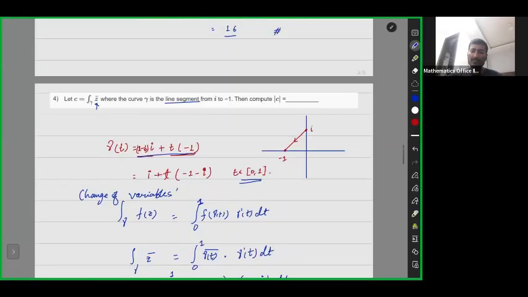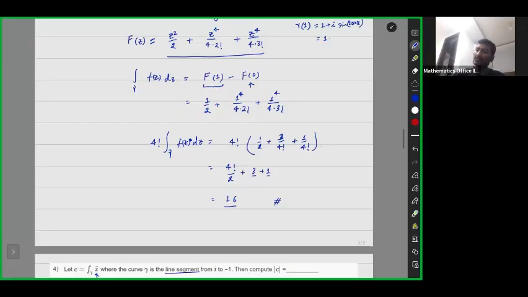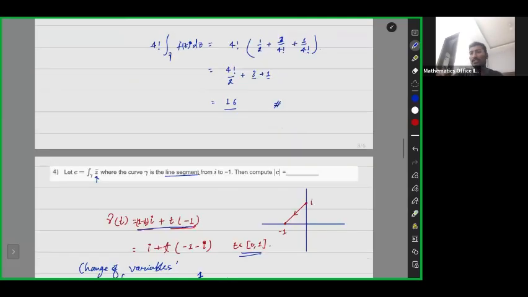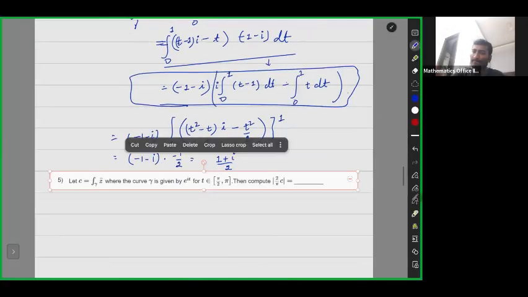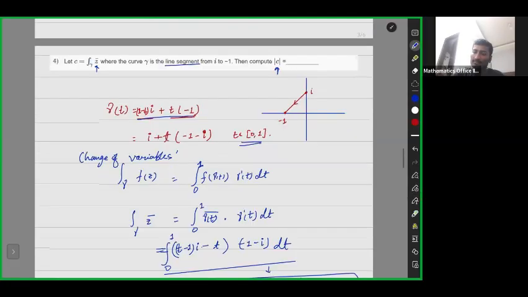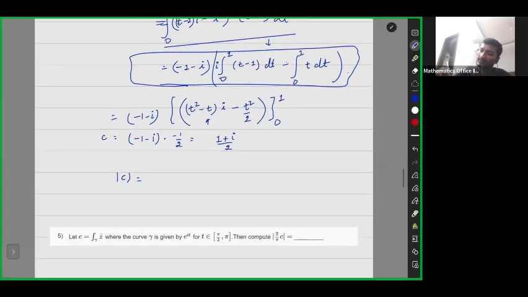Now, what can we say about modulus of C? This is our question, modulus of this integral. We get this complex number. This is our C integral. Mod of C is equal to, what is it?